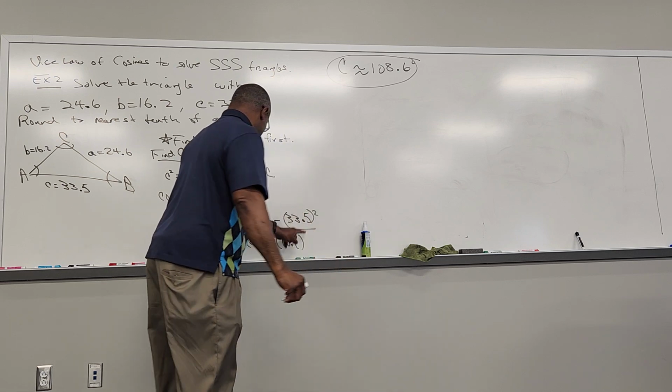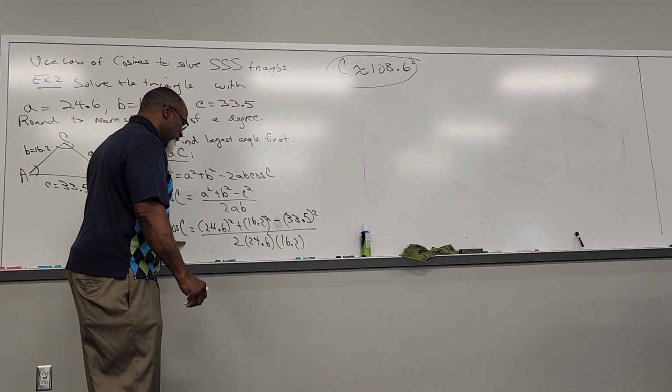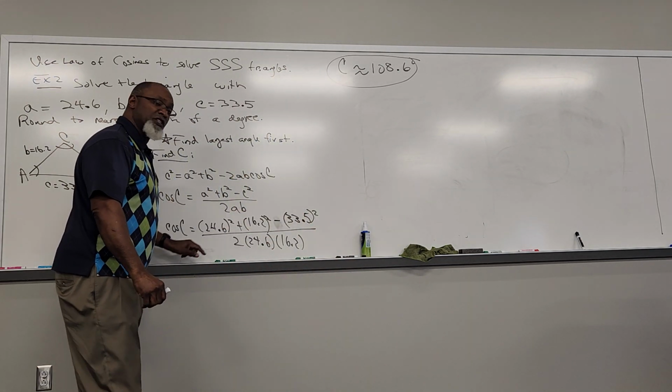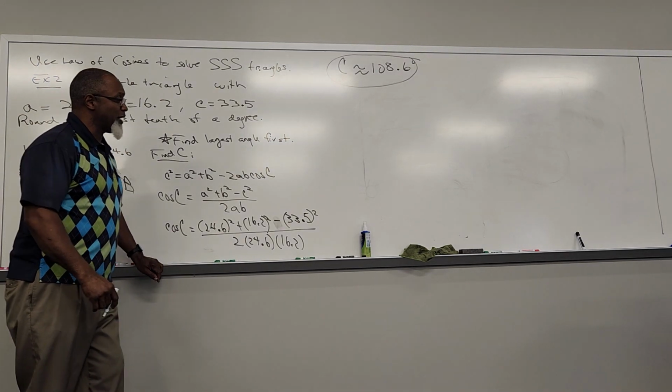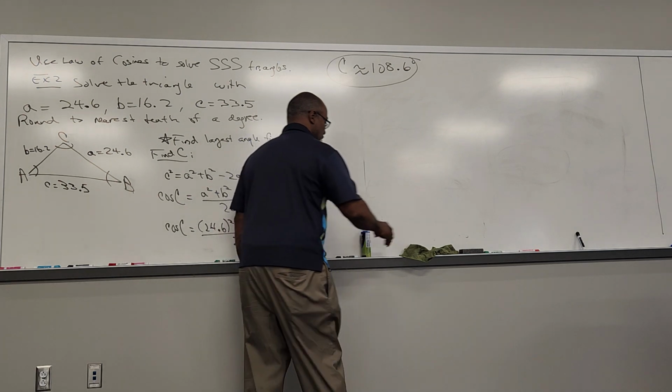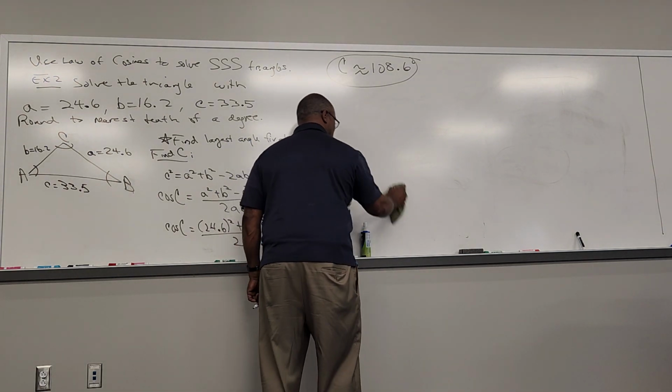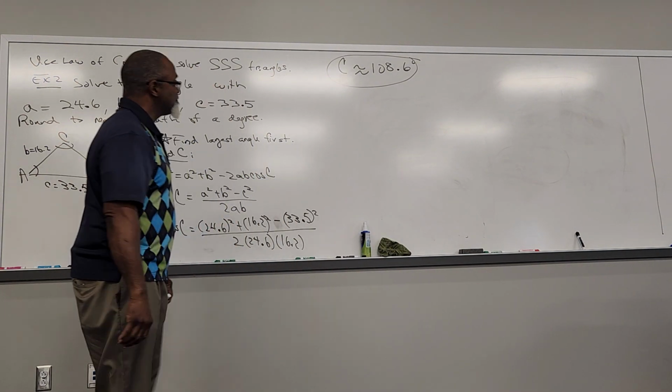Again, we'll work out all this math, and this is the cosine of C. So then we'll just take the cosine inverse of whatever that number is. We're mature mathematicians, so I'm not going to go through all those details. If you don't understand them, contact me, I'll be glad to show you.